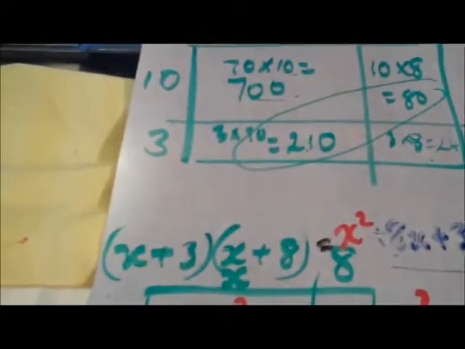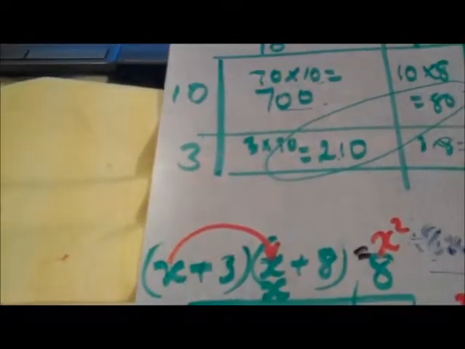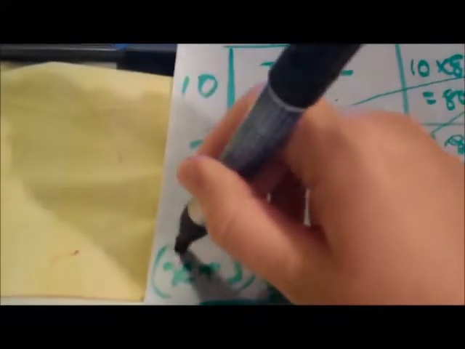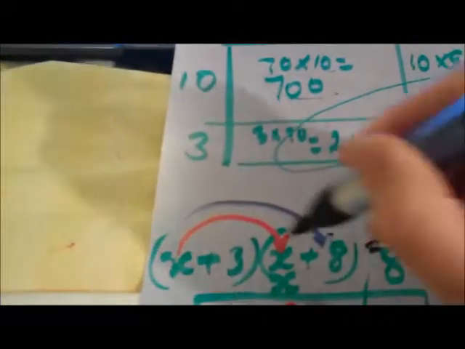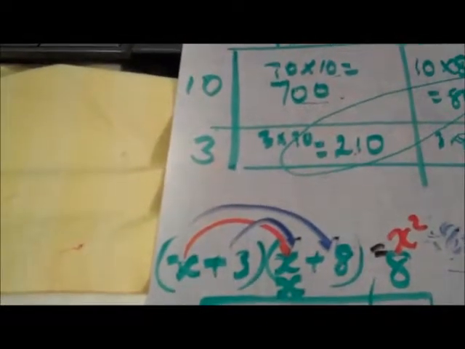Now that comes from, if you look at it, here is the x squared, x times x. Here is 8x, x times 8. Here is 3x, 3 times x. And the last one is 3 times 8, 24.